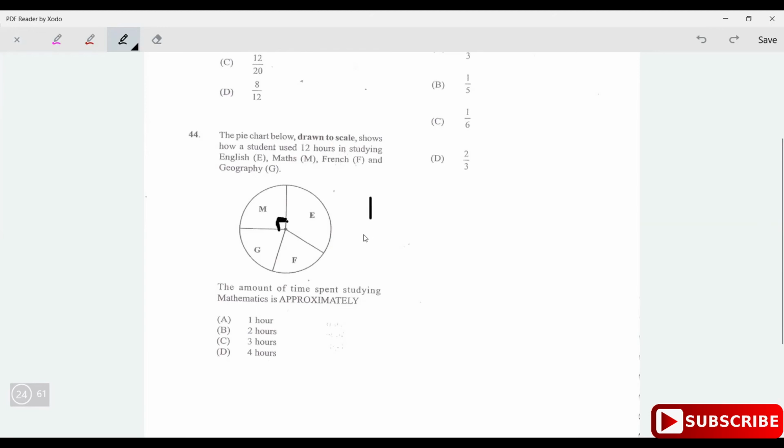So we just need a quarter of 12. A quarter times 12 is 3 hours. Oh no, she only practiced maths for 3 hours, and she gave English so much more time. Oh my golly. That's poor. Easy question.